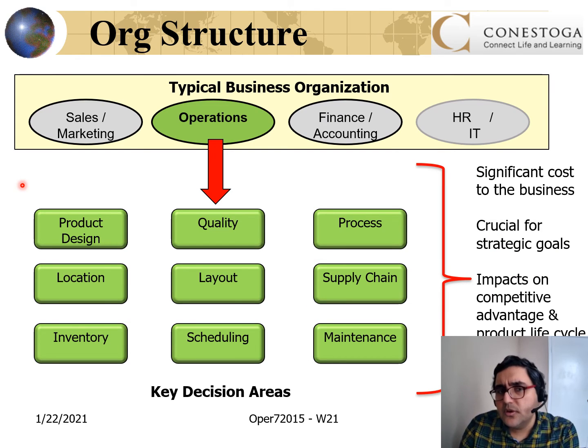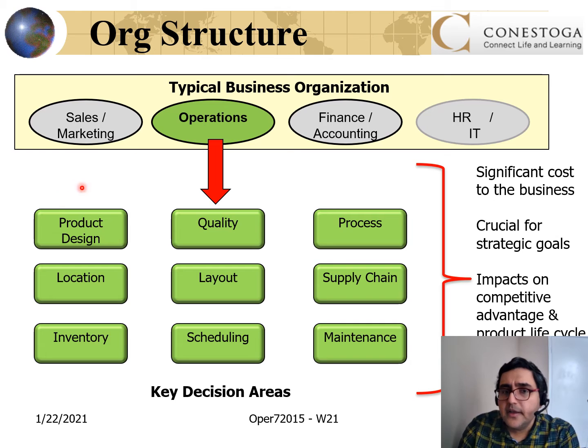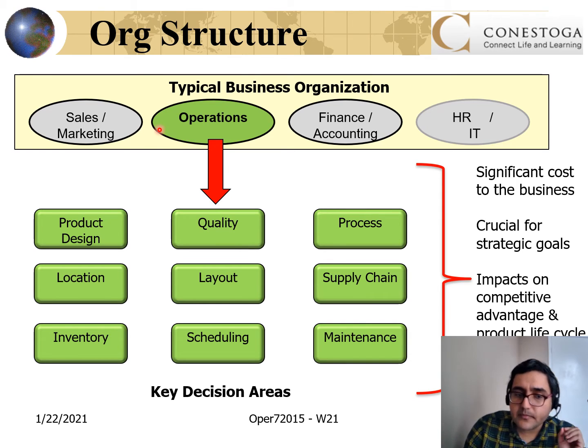This is just to show the typical organization structure, because you will know that each organization will have sales, a marketing team, an operations team, accounting, HR, and so on. In operations, as I said, we defined operations management as a value addition process. We are going to consider a set of activities that add value to the organization. We will be discussing multiple aspects in this topic, not restricted to one or two.